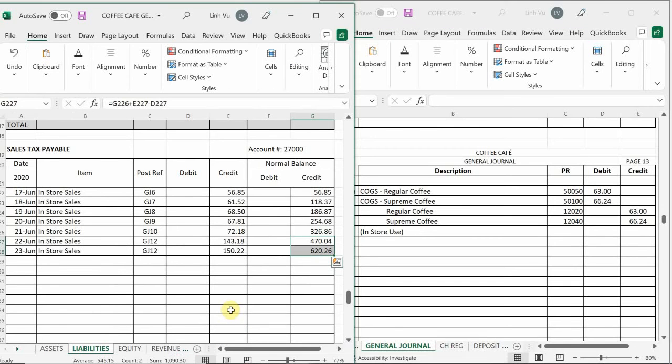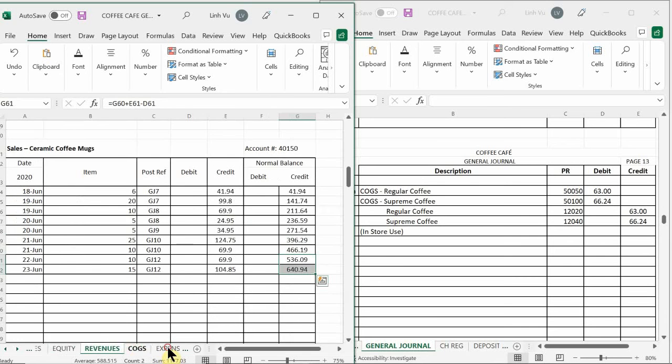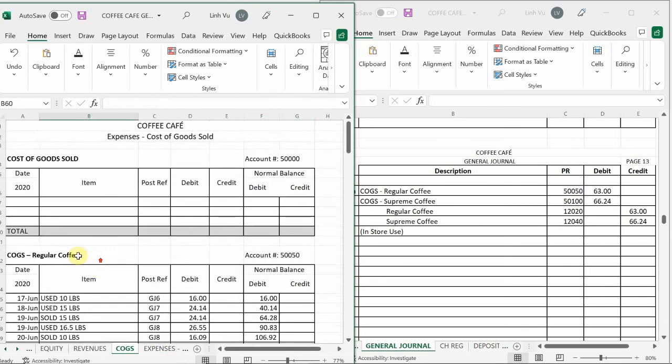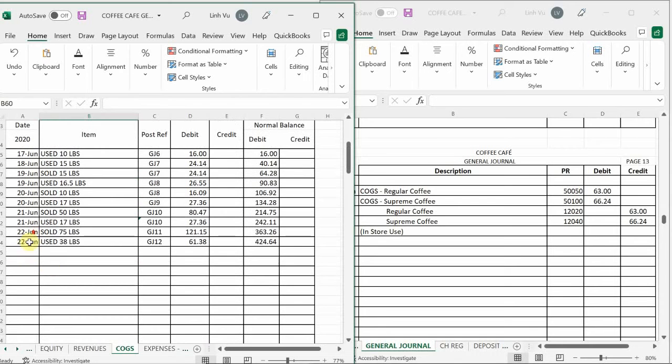Okay. Starting with the cost of goods sold, right? We end up using 39.